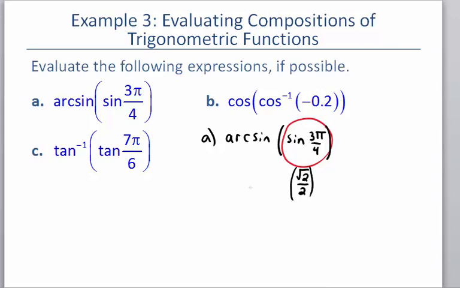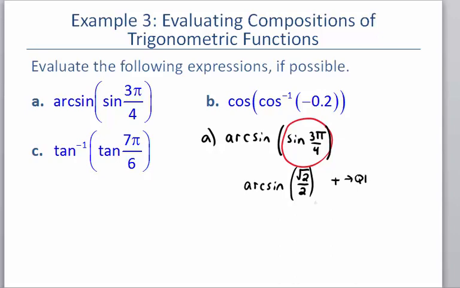And then I'm going to drop this arcsine down, so I'm going to now do the inverse portion of the problem. So I need an angle, and remember that if you're doing an arcsine, you're limited to quadrants 1 or 4. Because our value here is positive, we want to be in quadrant 1.